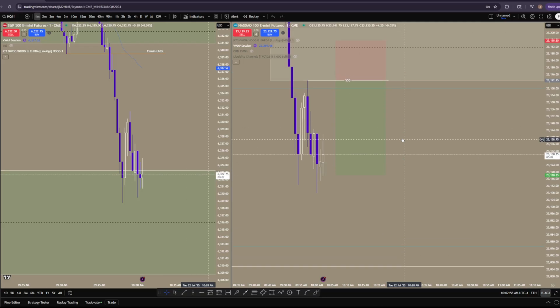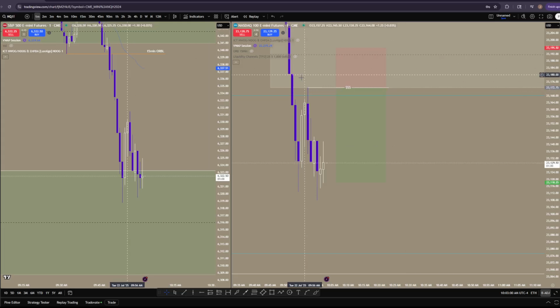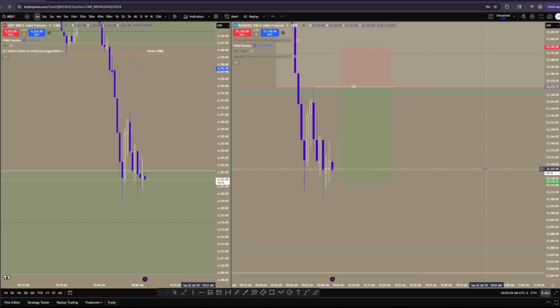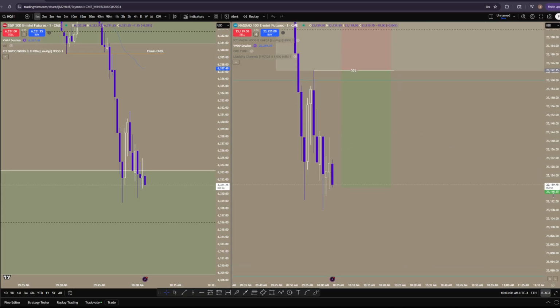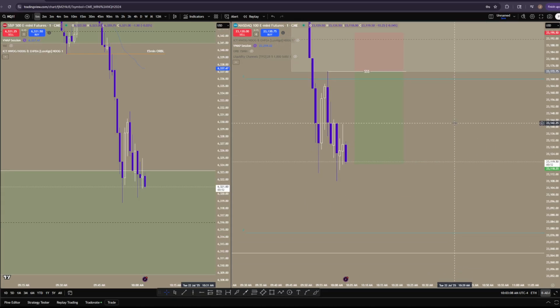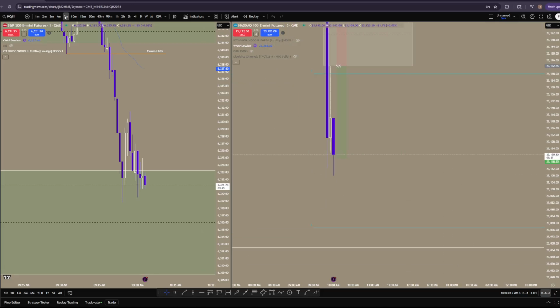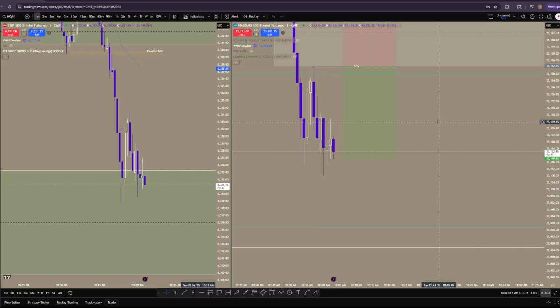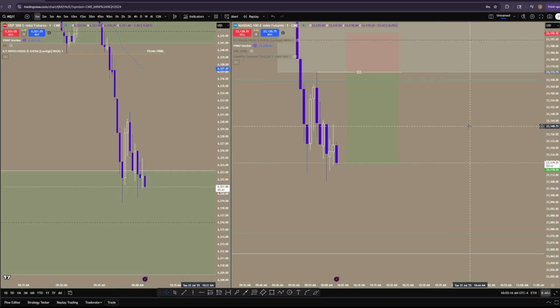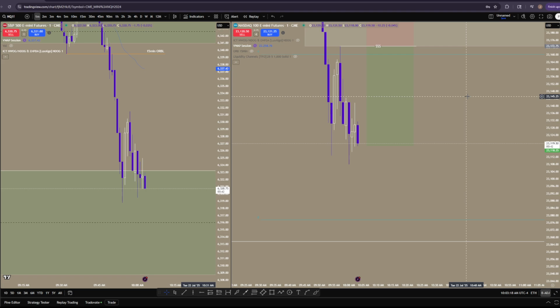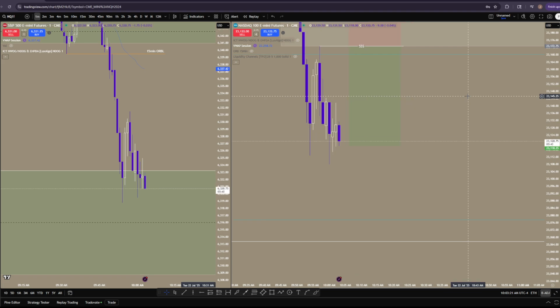We do have buy-side liquidity right above here, though. We do have a decent amount of orders just resting right here that could push us back down. But you guys can see the structure. It looks like it's just going to absolutely dump, right?